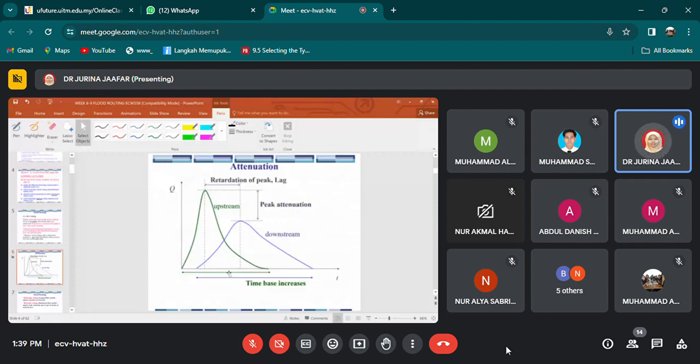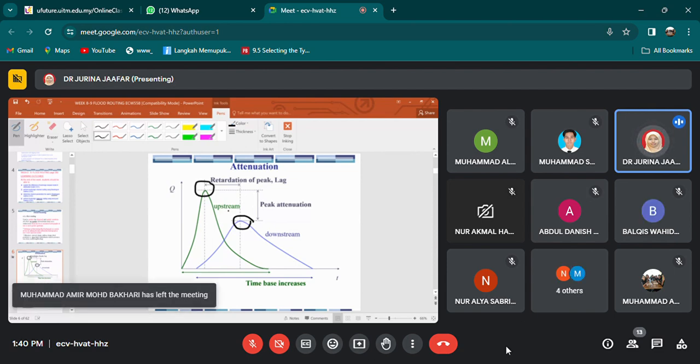So routing dia, even we have the same profile, ada inflow, ada outflow. So this one dekat upper stream, yang ni dekat downstream. Kita nak tengok the peak between the upper and downstream, the time they reach the peak dan juga the difference in term of peak between downstream dengan upper stream.